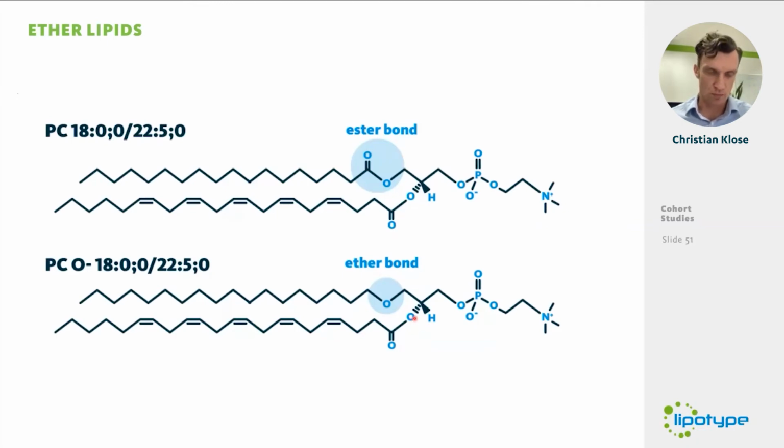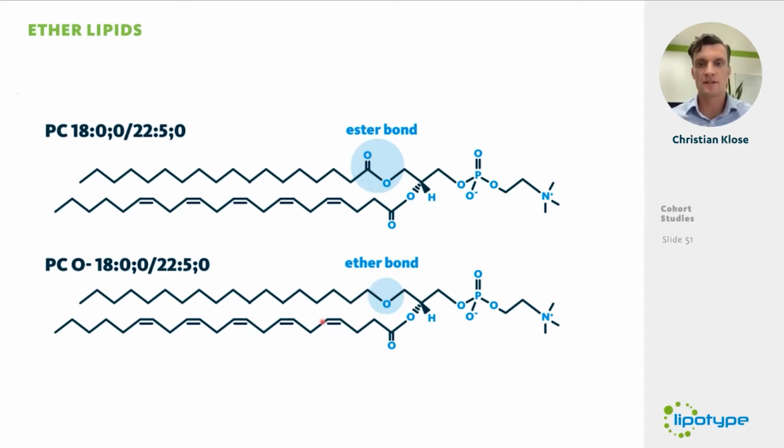So just to briefly tell you what these ether lipids are, they are characterized by a fatty alcohol, shown down here, which is attached to a glycerophospholipid via an ether bond, in contrast to the usual ester bond we have in, let's say, normal phospholipids.